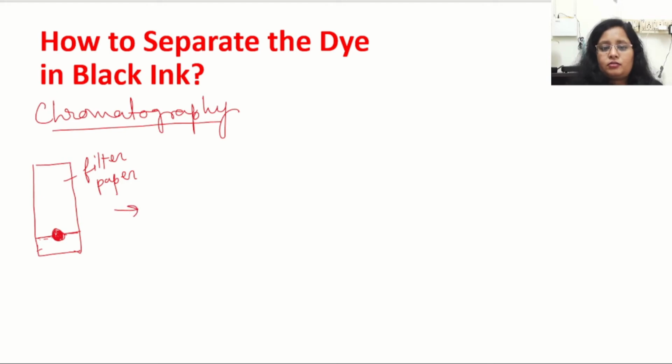Next, we will take a glass jar and suspend this filter paper with the help of a rod in this glass jar. We will fill the jar with water just to a level below the filter paper, so that the water is touching the lower part of the filter paper, below the ink, and we will leave this apparatus for a few hours undisturbed.